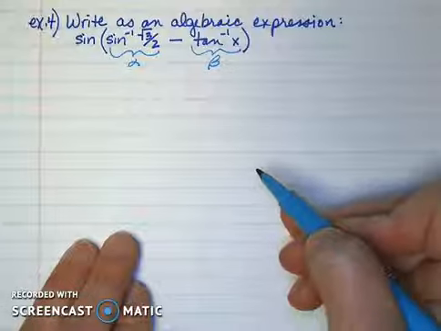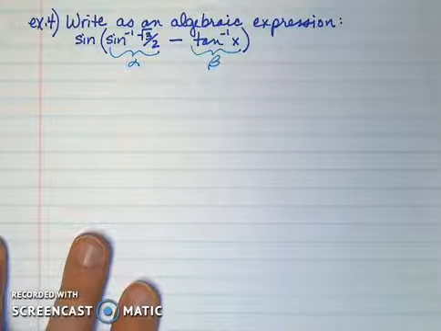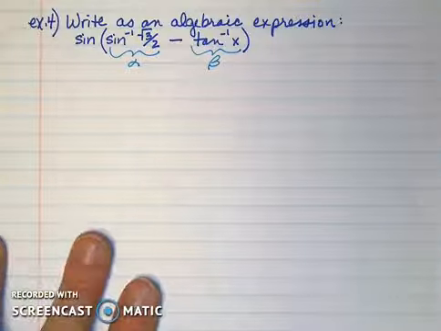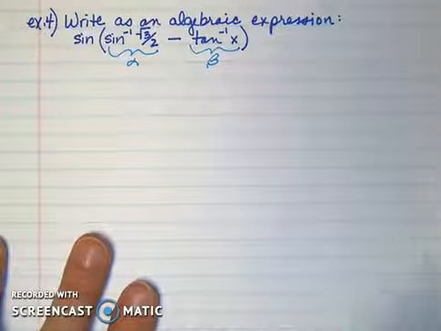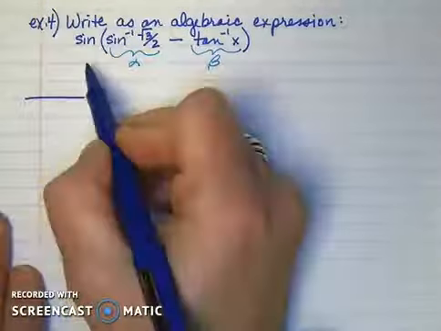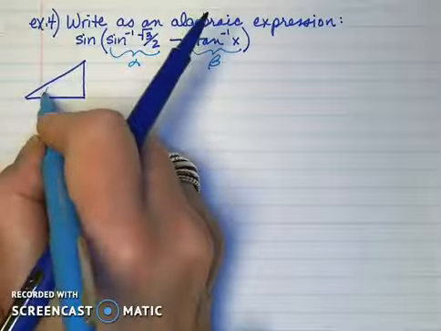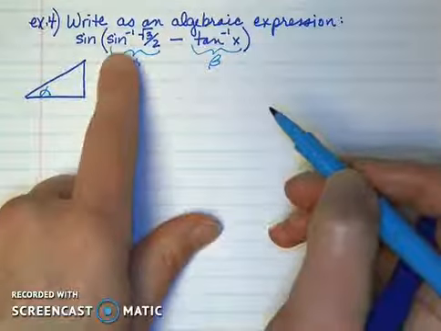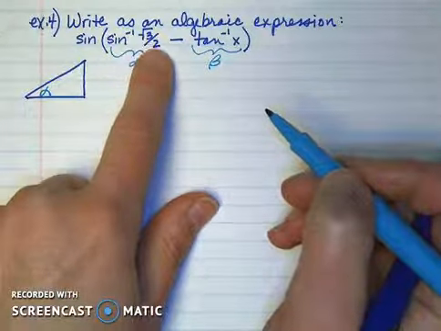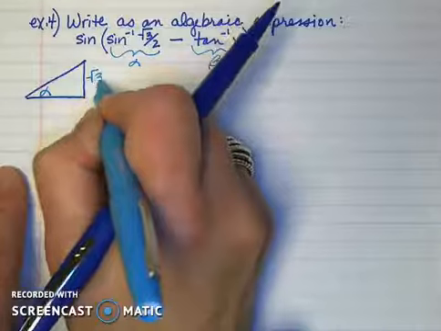And then when we draw our triangles, for example, if we have our triangle here for the alpha, we're going to make this alpha, and the sine is square root of 3 over 2. Sine is opposite over hypotenuse.